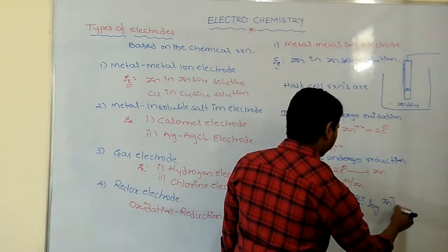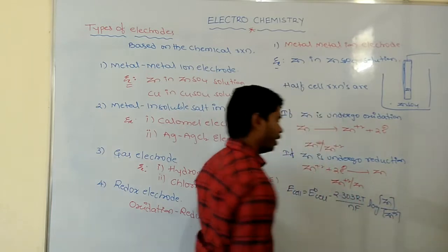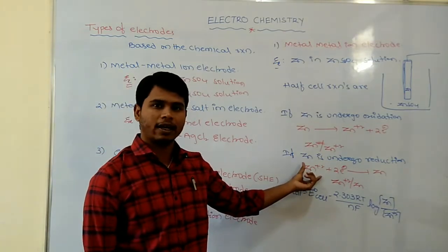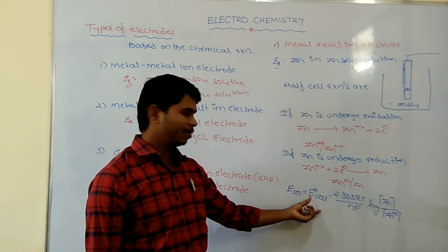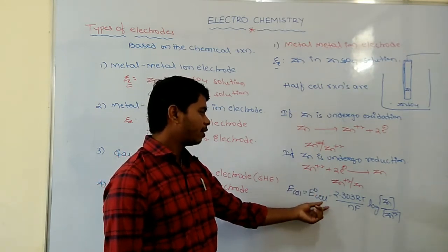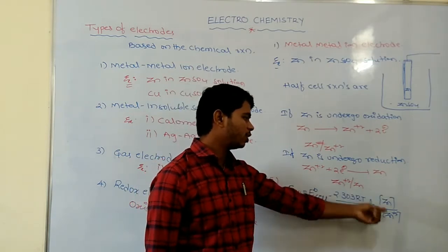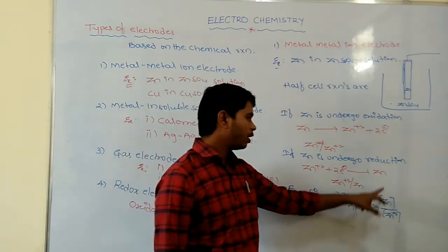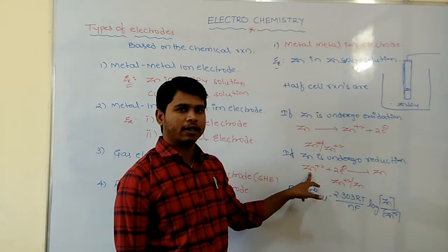Generally we consider only the reduction reaction, because we can calculate the reduction potential. So E cell is equal to E naught cell minus 2.303 RT by nF log of the concentration of product by concentration of reactant.